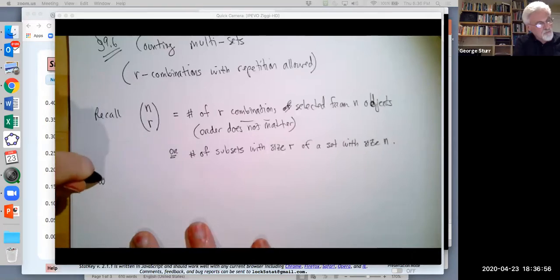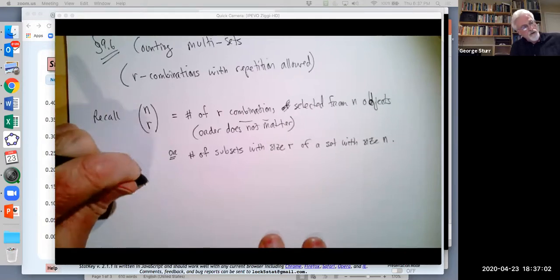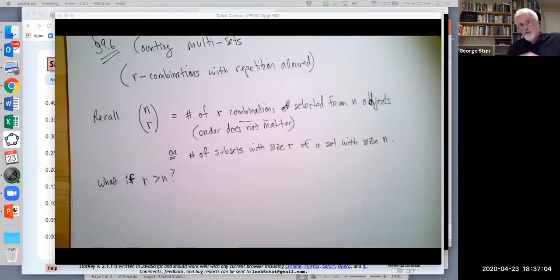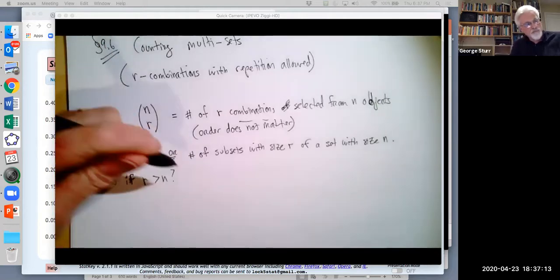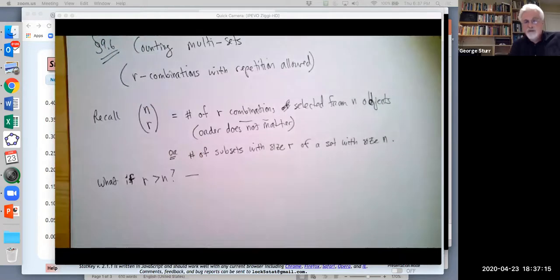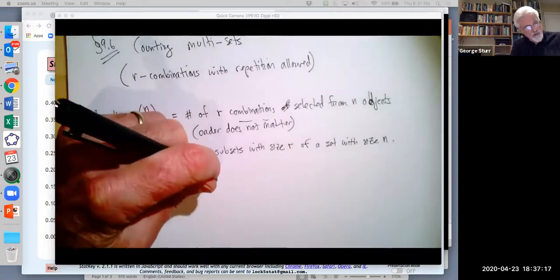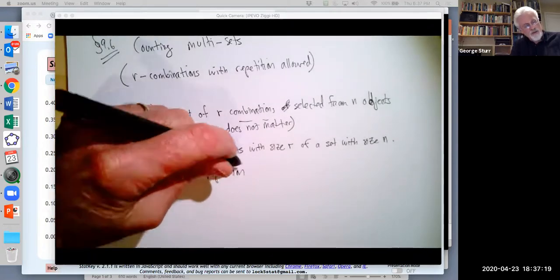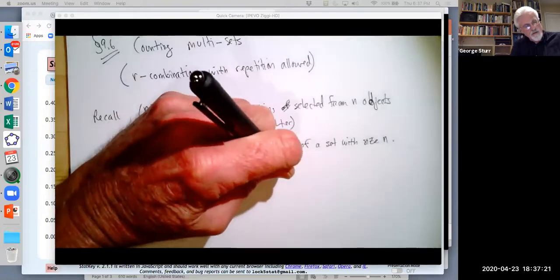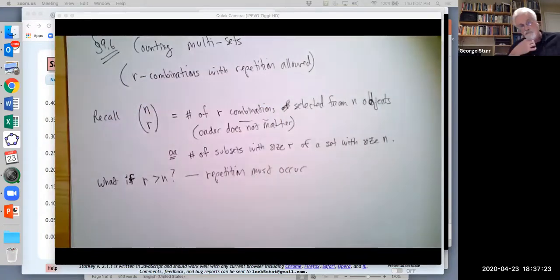But what if the R was bigger than n? You needed to select more objects than you had in your original set. Consequence, repetition must occur.